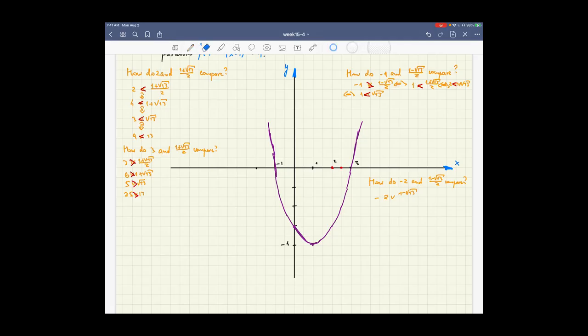This was a mistake here. Let's do this again, more carefully. So I have negative 1 versus 1 minus root 13 over 2.